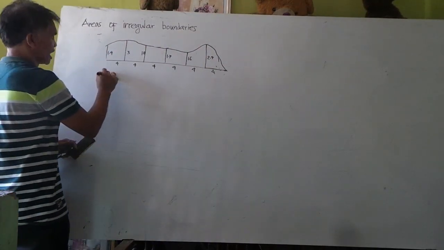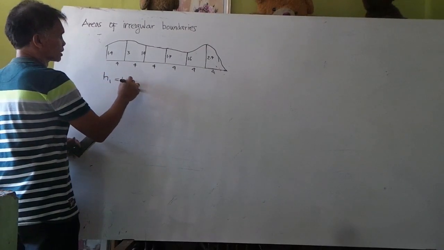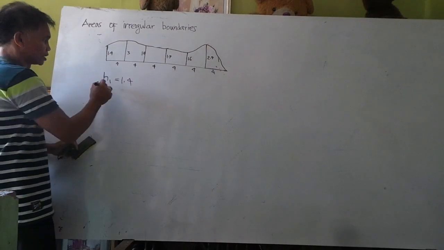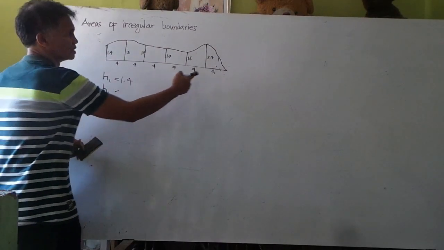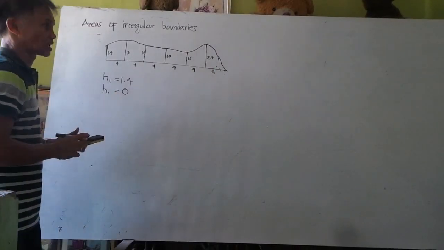So meaning to say, our H1 is equivalent to 1.4, and our Hn, this one, is equivalent to 0.